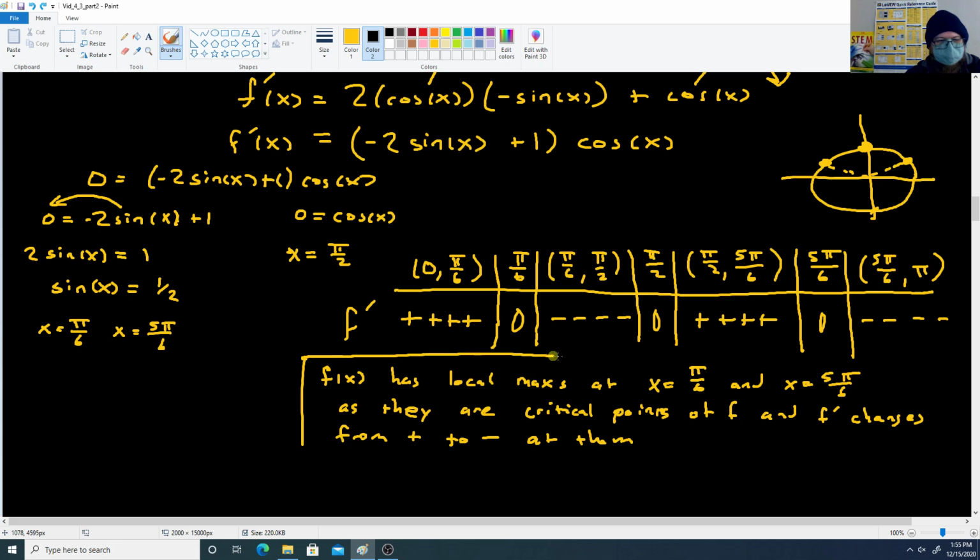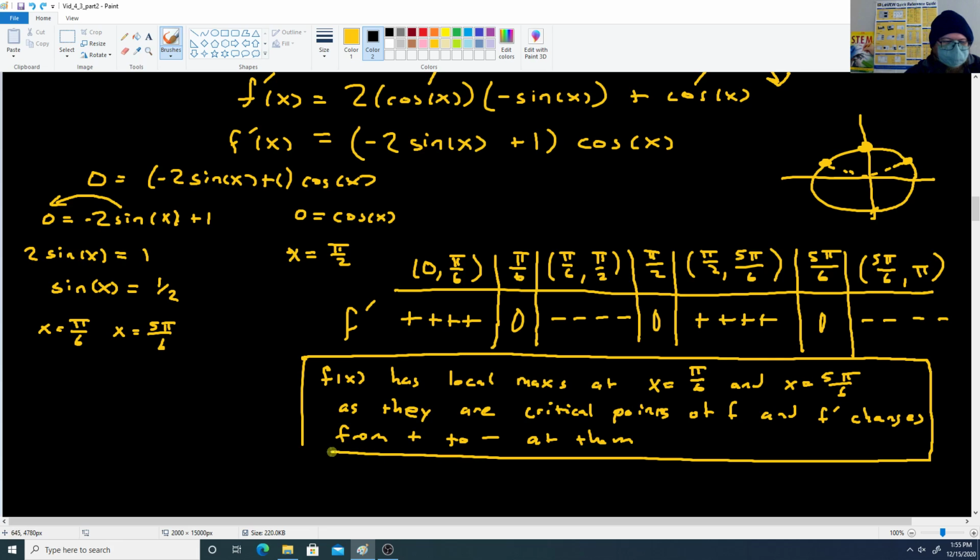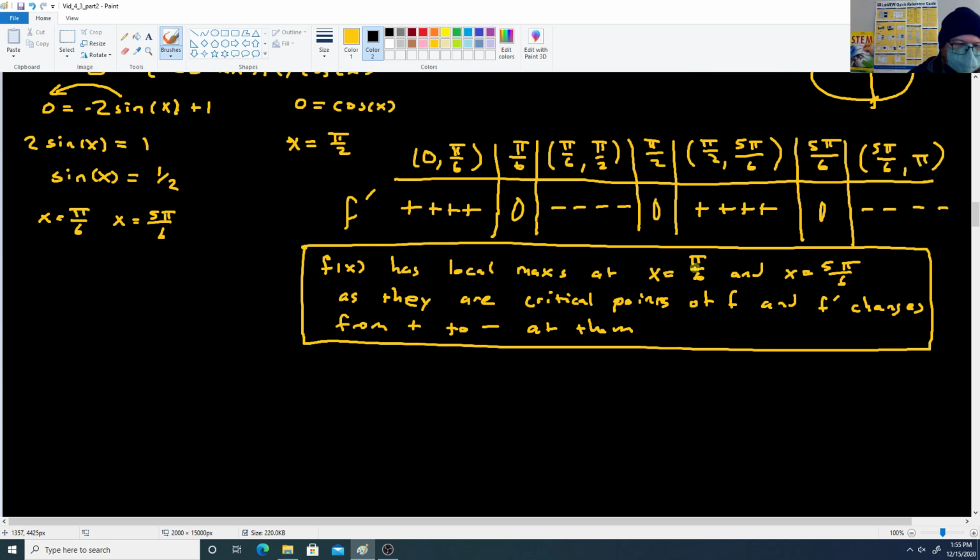Let's look at local mins next. So a local min will be a sign change from negative to positive across a critical point, which happens at pi over 2.